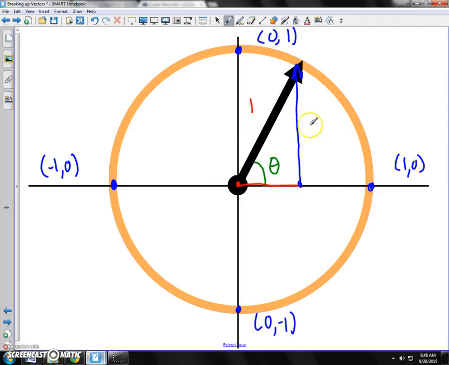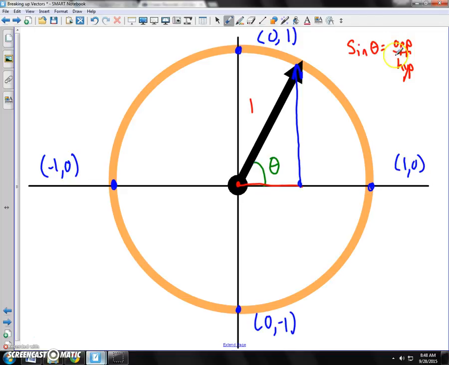Alright, let's try to figure out what we can about this side here. In terms of our trigonometric identities, we are going to talk about trig identities, but like the sides of the triangle, this would be the adjacent, hypotenuse, and opposite. So this is the opposite side. Well, what do I know about the opposite side? I have this equation that says that sine theta equals opposite over hypotenuse.